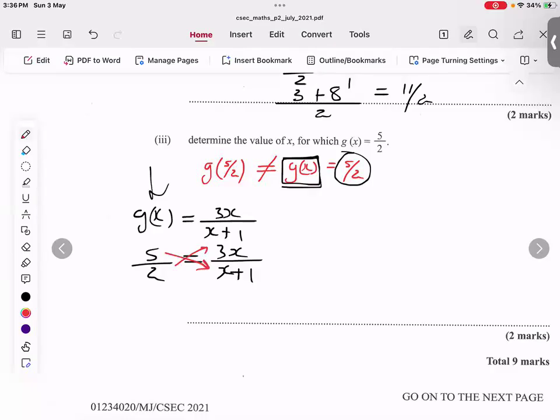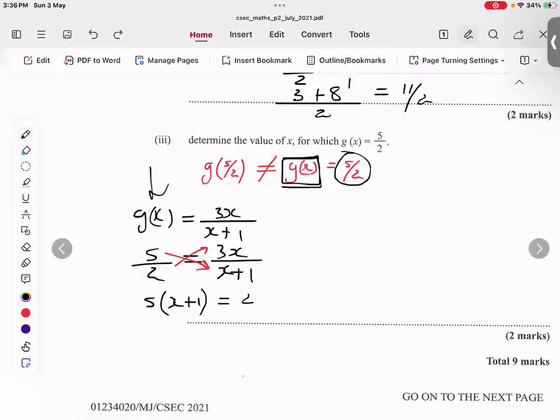Cross multiply. When you have something funny on the bottom, but you have something over something equals something over something, cross multiply. So use the 5 to multiply the x plus 1. Let me write it down: 5 open bracket x plus 1, and that's equal to 2 times 3x.